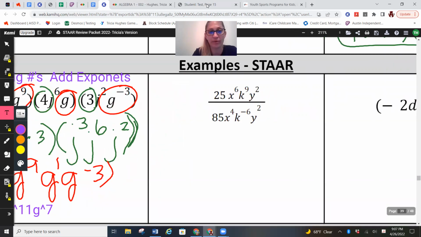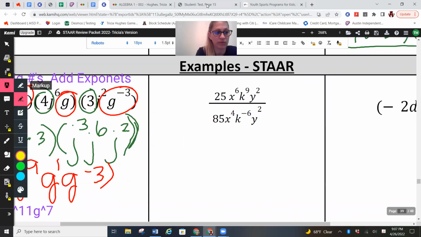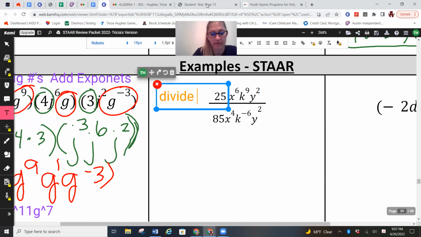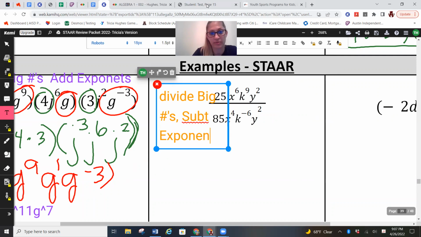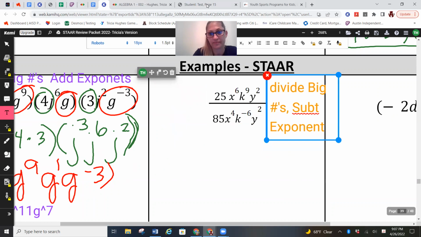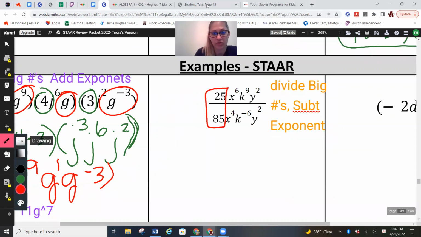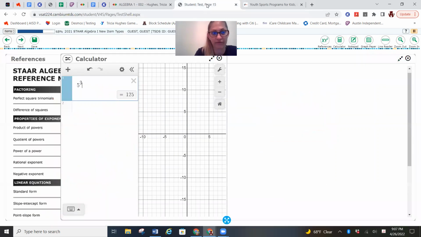For this example, remember what we talked about. You're going to divide big numbers, subtract exponents. Again, divide big numbers. 25 divided by 85. 25 divided by 85 is a weird number.